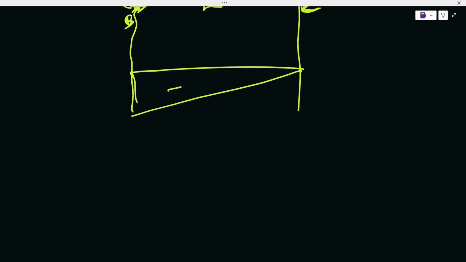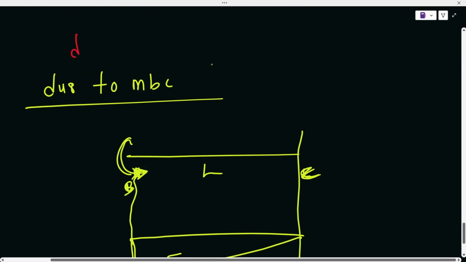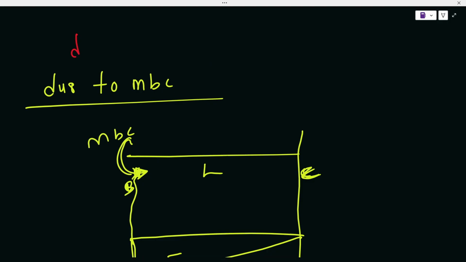So let's see. Now, if this is bending moment over EI, once again, please, I'm doing the one due to MBC now. The moment I'm dealing with is MBC.